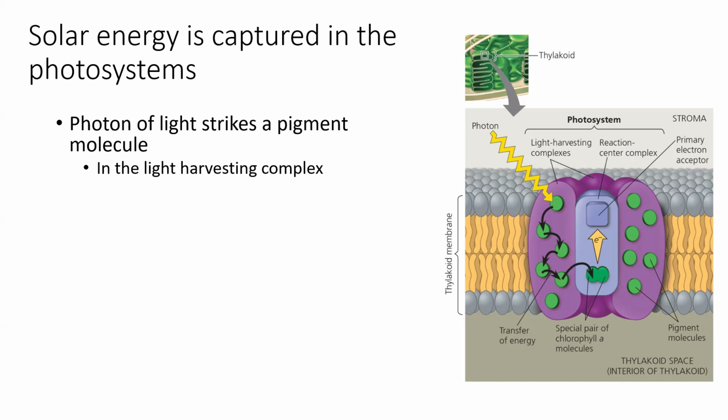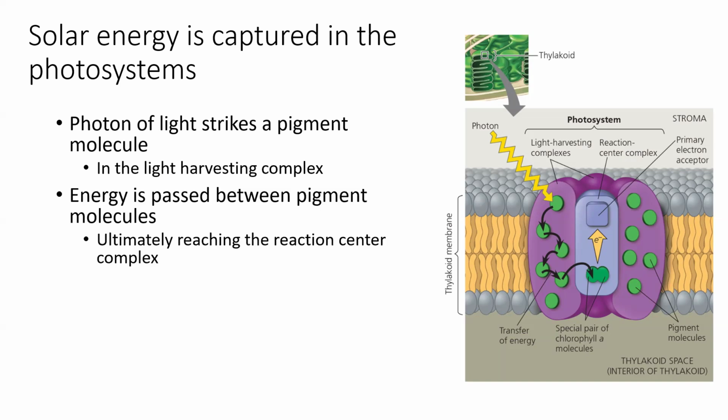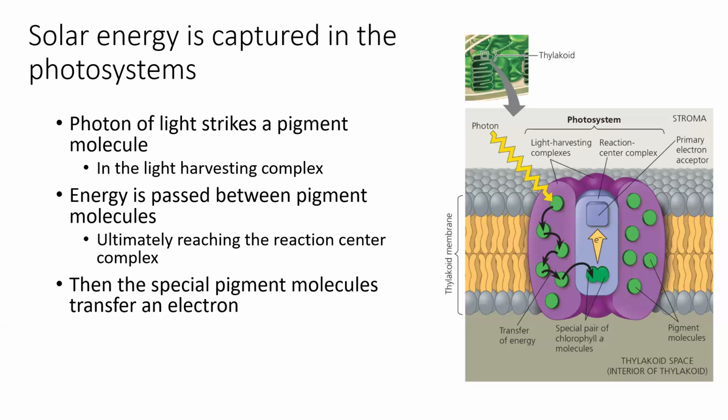So this happens in the light harvesting complex, which is this big purple thing. Again, a complex is a group of proteins that are kind of hooked together to serve a purpose. So this energy is being transferred down through these different pigments. Ultimately, it's going to reach the center of this reaction complex, which is this lighter purple shade here. And then there's special pigment molecules that are able to actually transfer an electron.